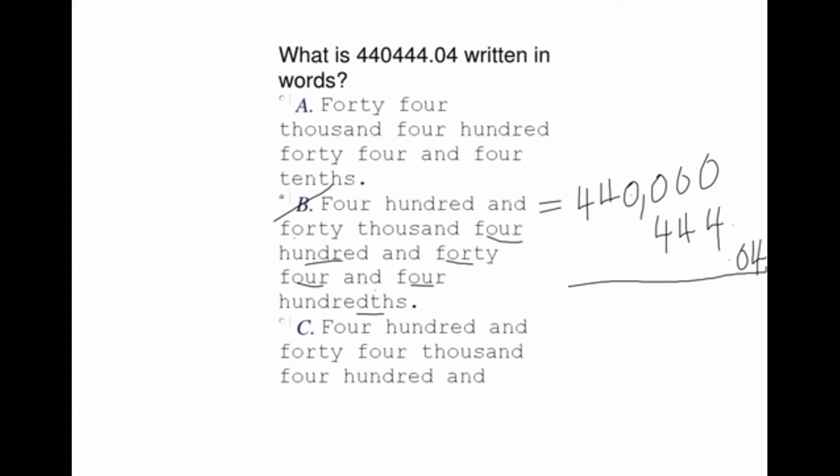This is how we are proving that the answer we've chosen is correct. So we have 0 points. We add. So this is 4, 4, 4, 0, 4, 4. So this is correct. 440,000, 444 and 4 hundredths.